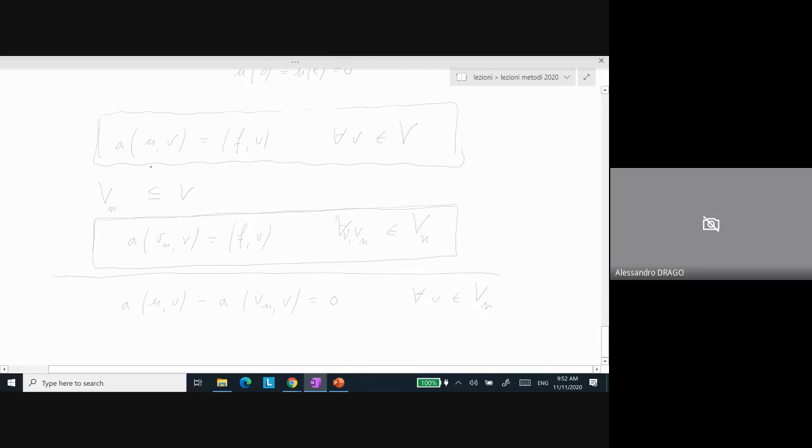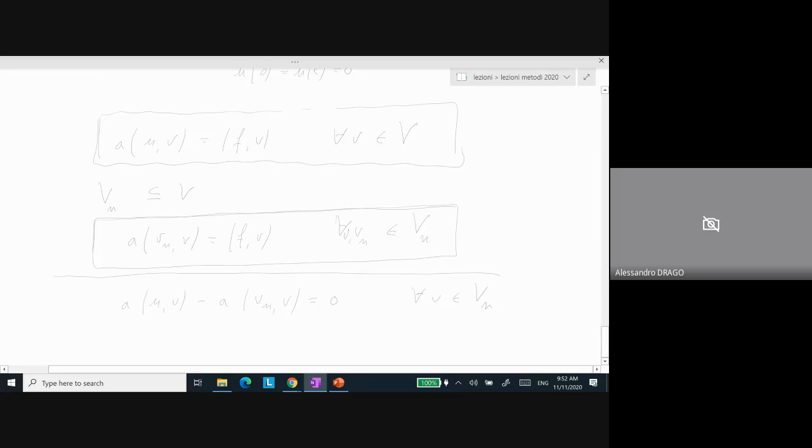Because the first equation is true everywhere in the big space. The second equation is true within the subspace. So if I subtract one from the other, I know that the second equation is true within the subspace.